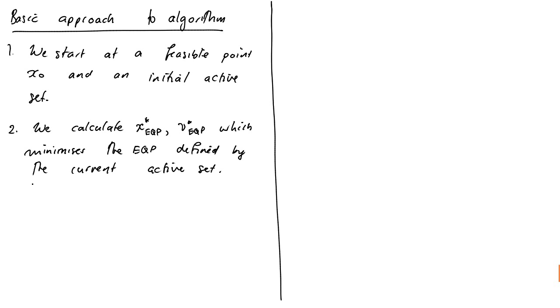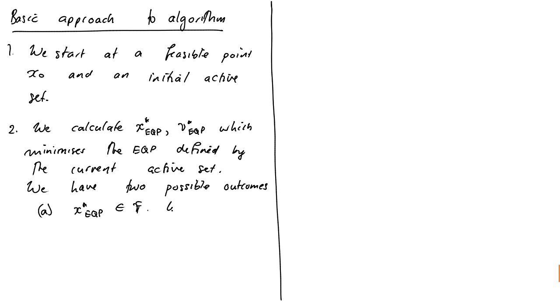We then have two possible outcomes. A: a first possibility is that the x star that we calculate is feasible. It's possible that our optimizer x star may not even be feasible, so we need to allow for that as well. But first, if we're lucky, then our x star will be feasible.